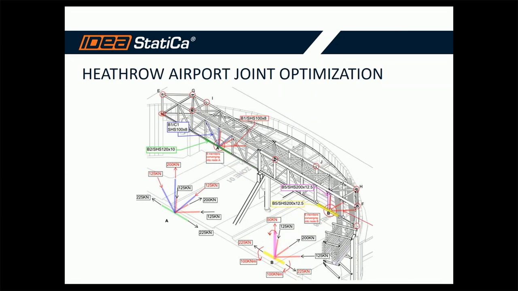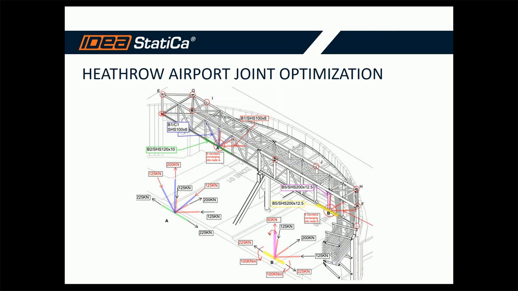So the project I would like to show you today, and we'll click it through, is about the Heathrow Airport. This is a service bridge on the airport that's already built and in service, and it was built by Mott MacDonald and designed by one office in UK.